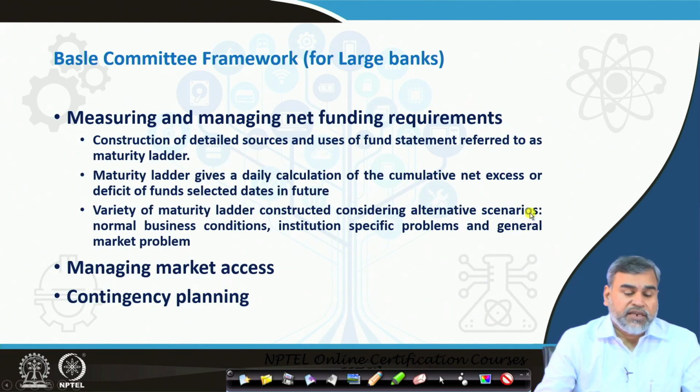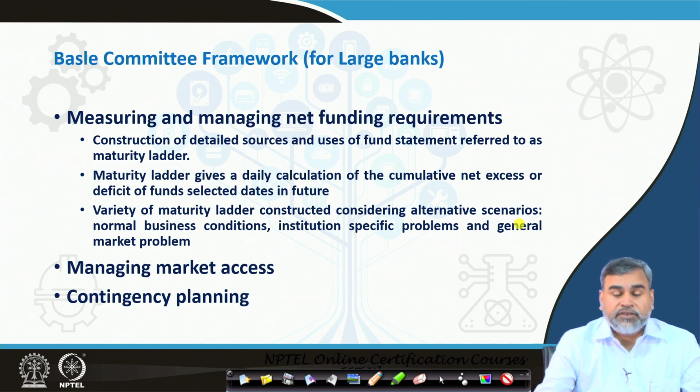Whenever the Basel Committee has made a framework for the liquidity management of different banks, more particularly for the large banks, they have said that first of all you measure and manage the net funding requirements, and construct a detailed sources of funds statement referred to as the maturity ladder, which we have already discussed. The maturity ladder gives a daily calculation of the cumulative net excess or deficit of funds on selected dates in the future.